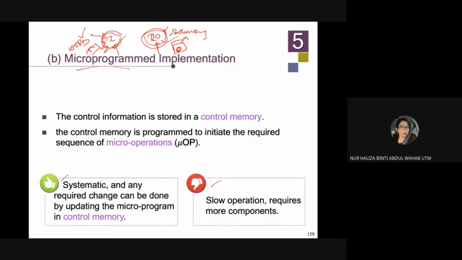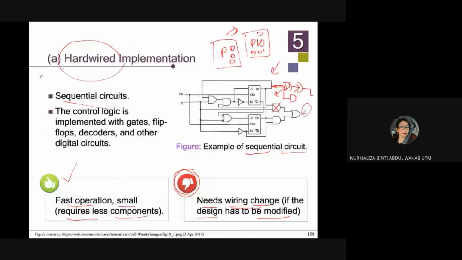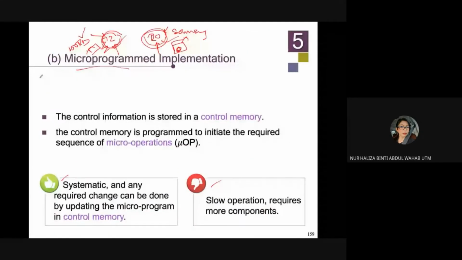Same goes to hardwired and also microprogram. There is a pros and cons. Walaupun you dah cipta yang lebih baru, still there is some place that you need to improve. So need to improve means there is a gap and also disadvantages.